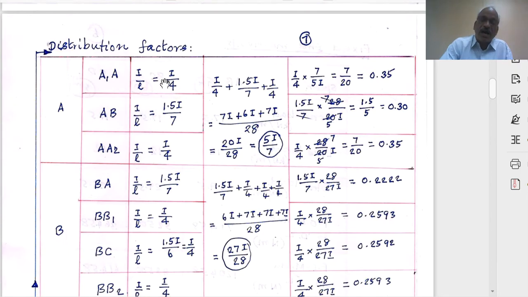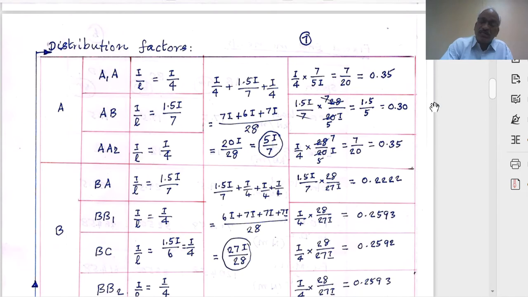I by 4 divided by 5I by 7 will be the distribution factor for the member A1A. Then 1.5I by 7 divided by 5I by 7 is the distribution factor for the member AB. And similarly, I by 4 divided by this value for the third.